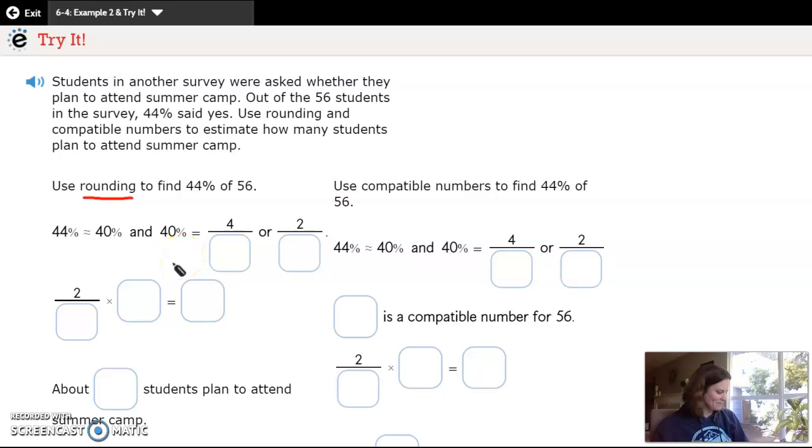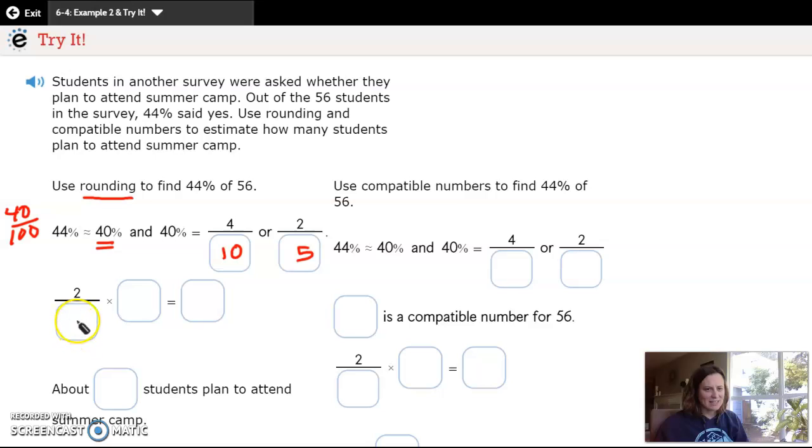So if we were to round 44% to the nearest percent, it would be 40%. 40% is 40 parts out of 100. And 40 parts out of 100 reduces to 4 out of 10, and 4 out of 10 reduces to 2 out of 5, so 2/5.